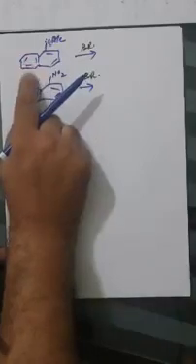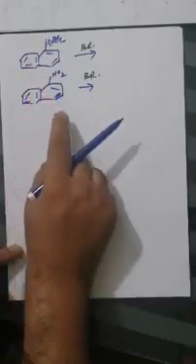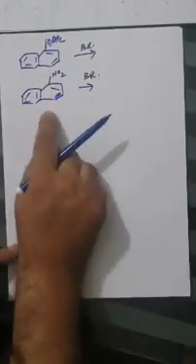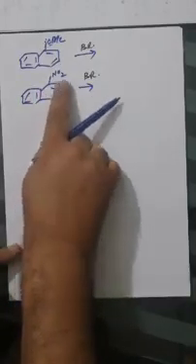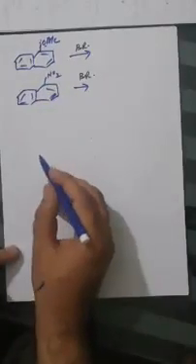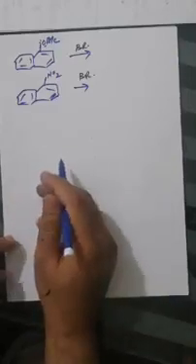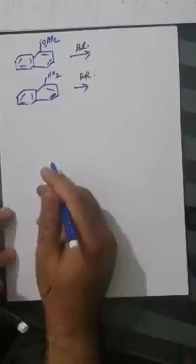So Birch reduction will occur at this part of the ring. But in this molecule, the Birch reduction would occur on this side of the ring. This is a very important example and you will have to remember this.